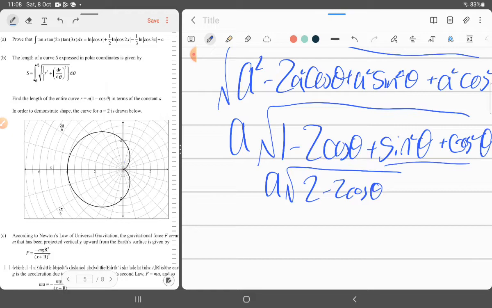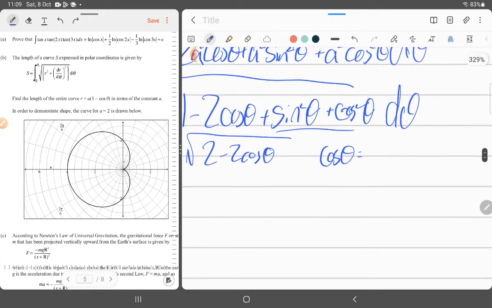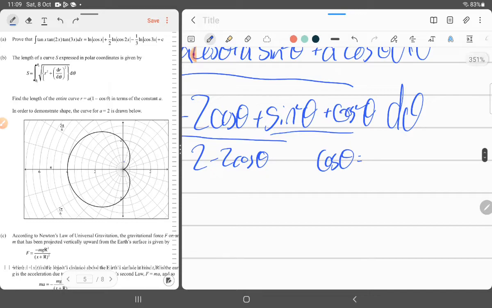Cosine theta can be rearranged as 2 cosine squared theta over 2 take away 1.